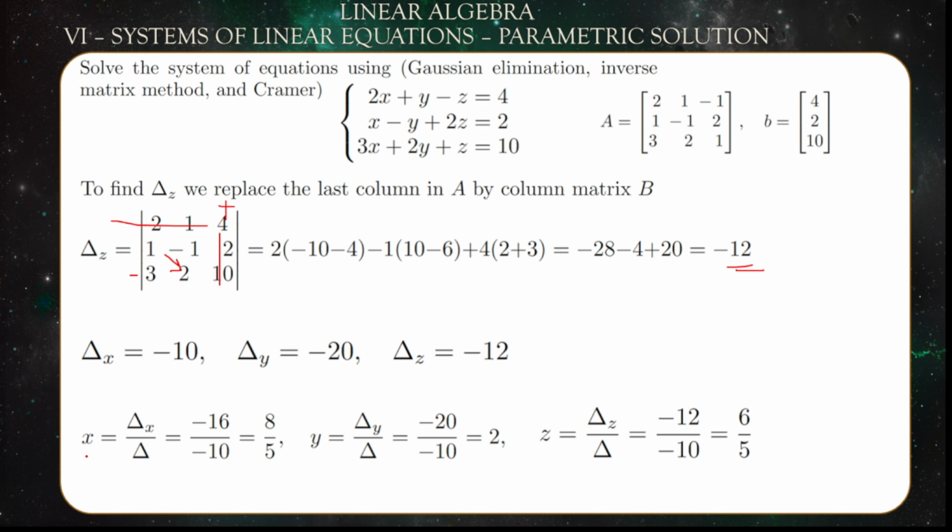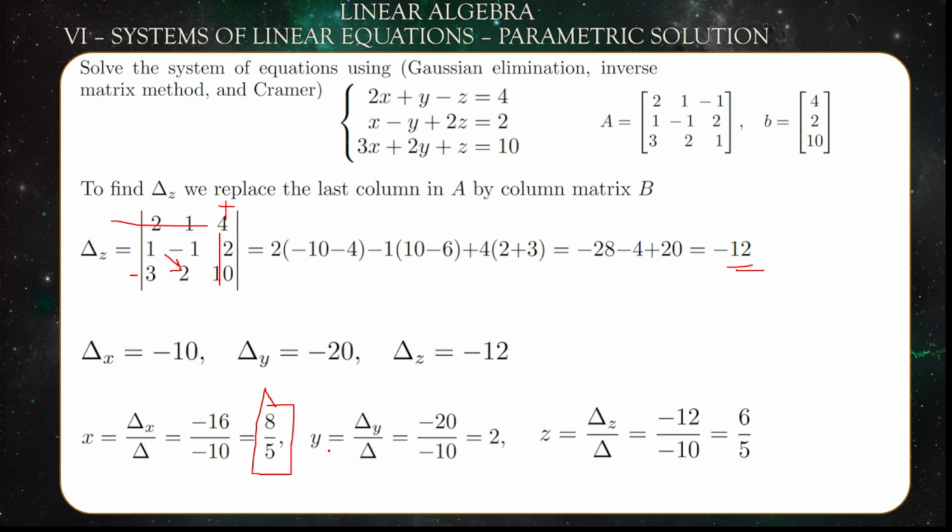So x is equal to delta x divided by delta, or minus 16 divided by minus 10, equal 8 divided by 5. The same value we've gotten using the Gaussian elimination method in the previous example. It's still the same exercise, the same system of equations.